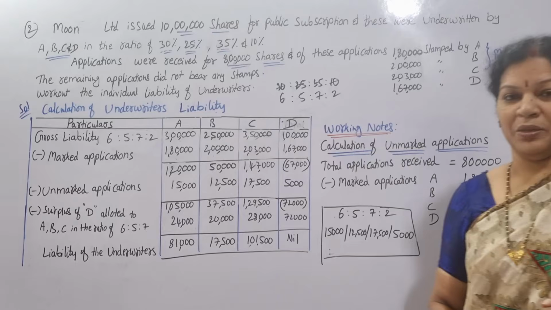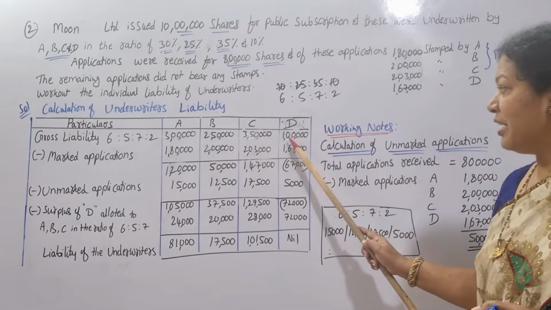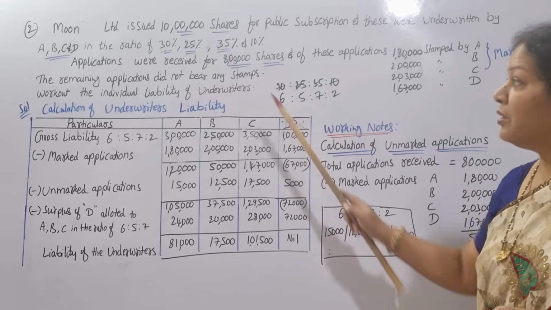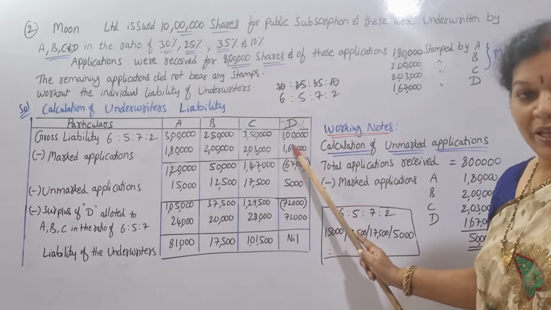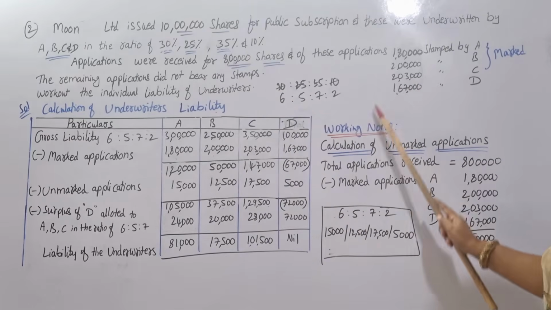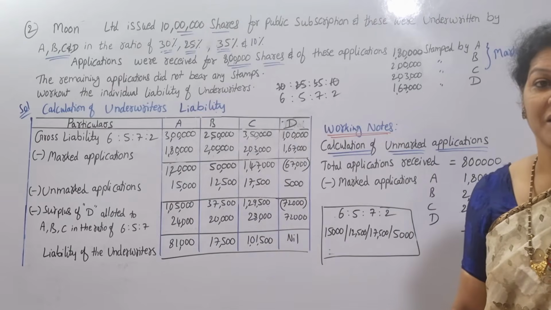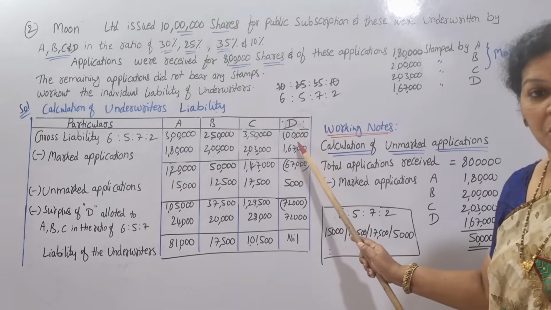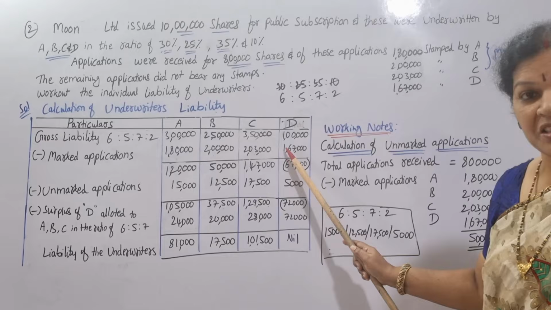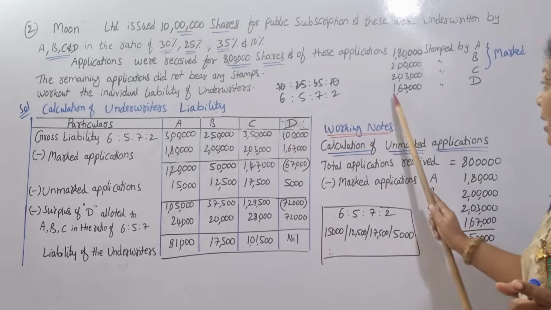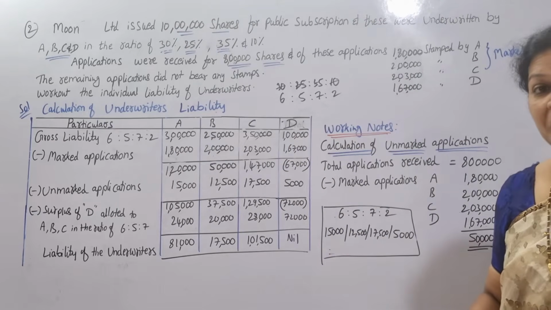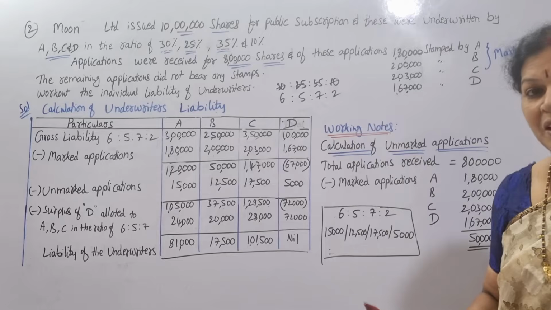This is a minus value. Actually D has given a commitment of 10%, that is 1 lakh only, but his stamped applications are 1 lakh 67,000, which is extra. He is supposed to get the subscriptions of 1 lakh only, but marked is 1 lakh 67,000. The 67,000 is extra surplus.